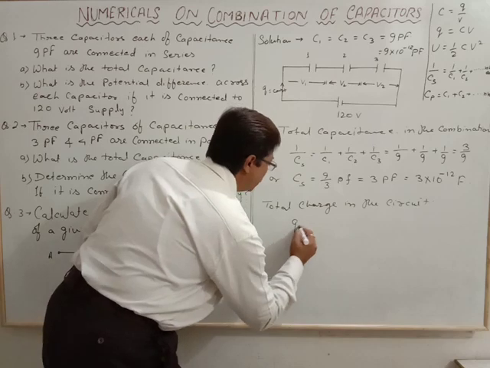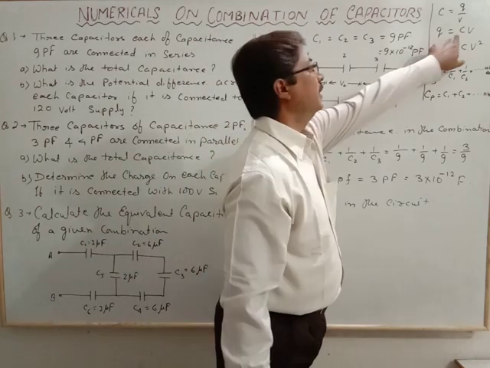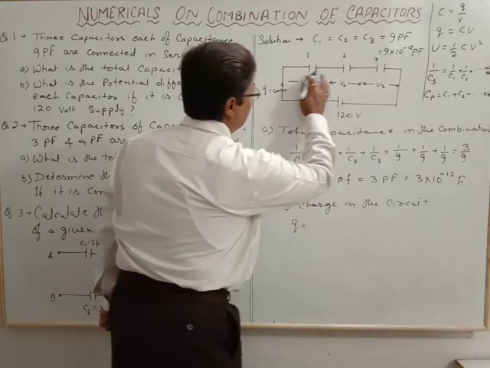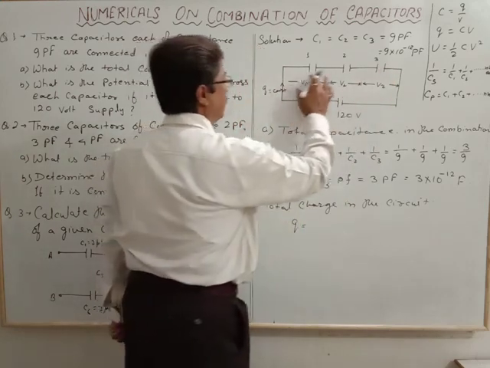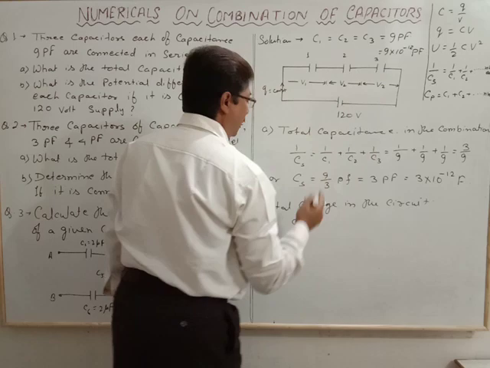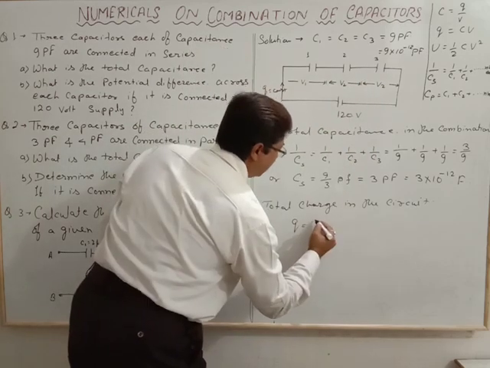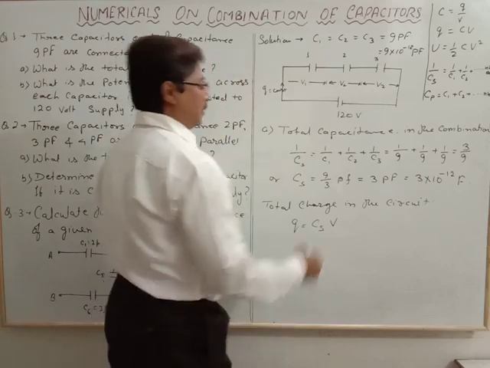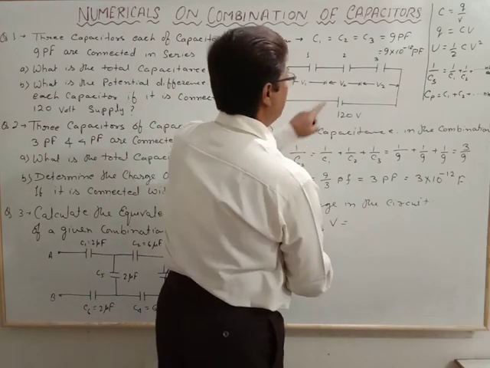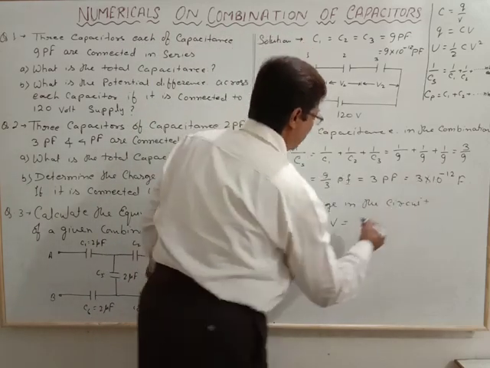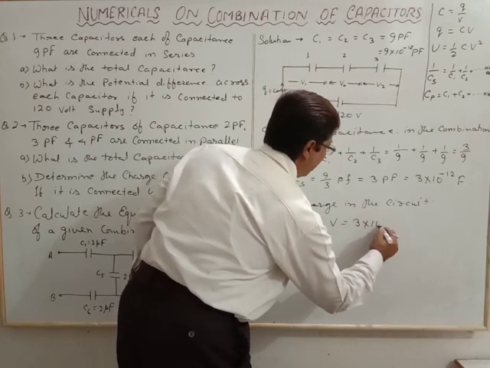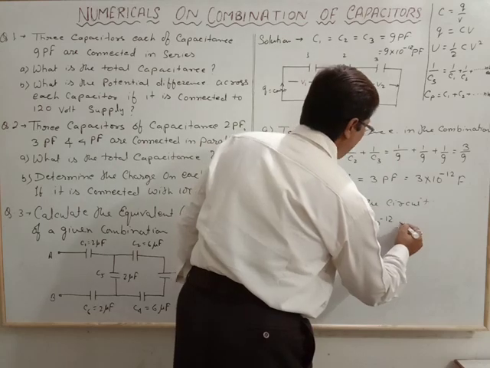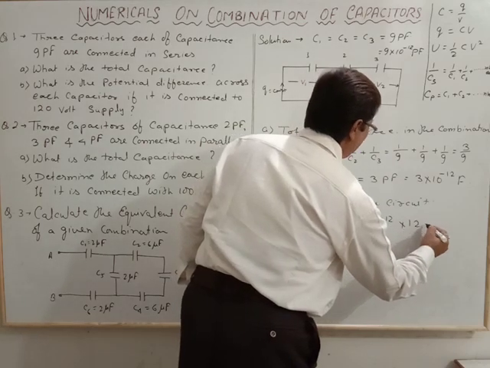That Q is equal to, here we have the general form CV, so the equivalent capacitance of the circuit combination, that is the series combination, CS, into the potential V. So here CS is equal to 3 into 10 to the power minus 12, and the potential is given, that is equal to 120 volt.